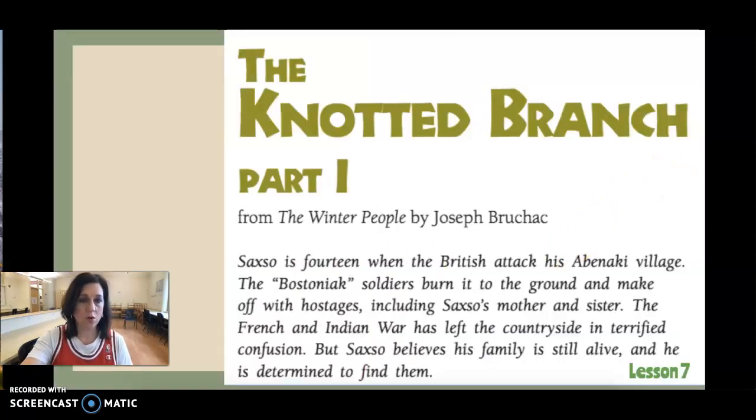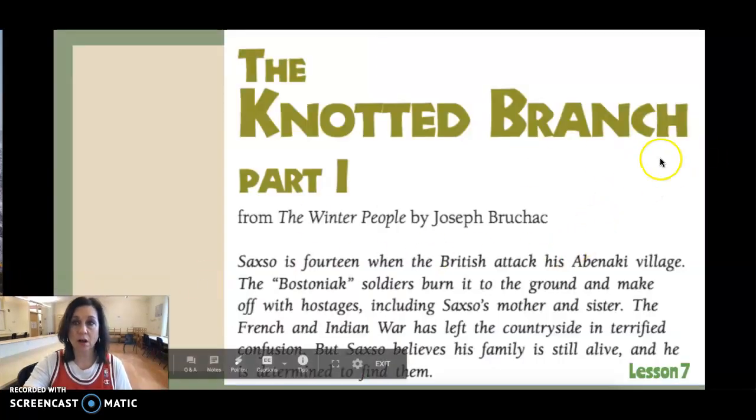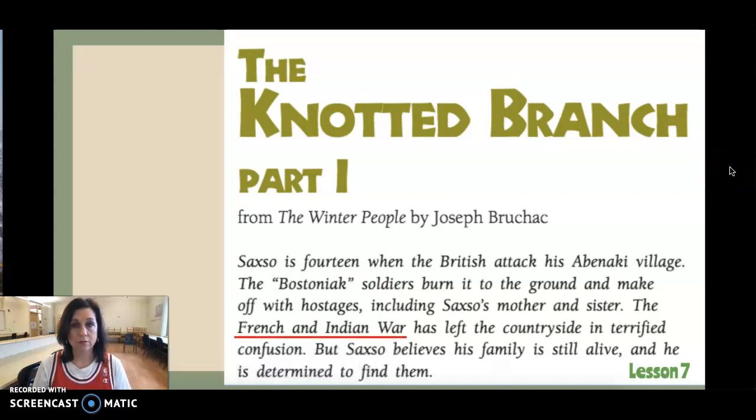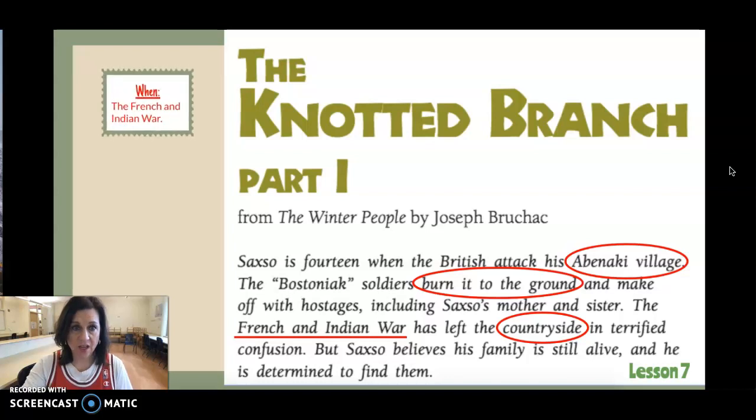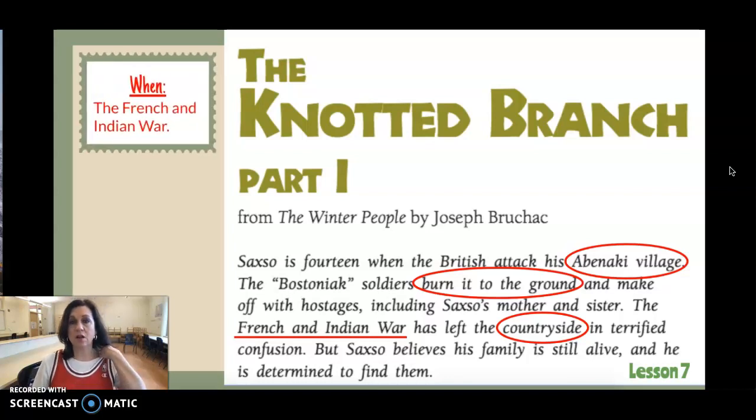Okay, so The Knotted Branch, part 1. Well, French and Indian War. Abenaki village. Burned it to the ground. Countryside. These are all amazing descriptions of our setting. So when was The Knotted Branch taking place?